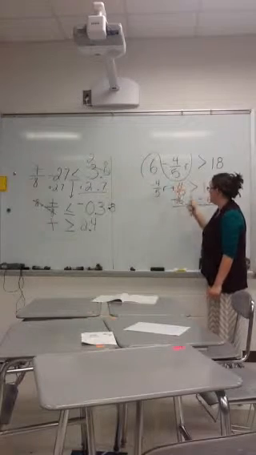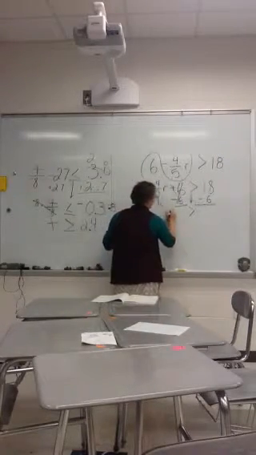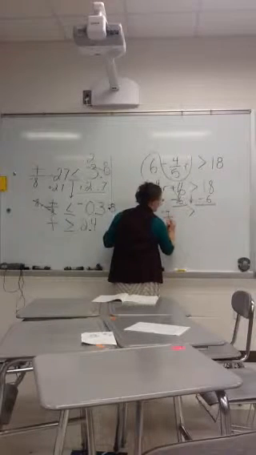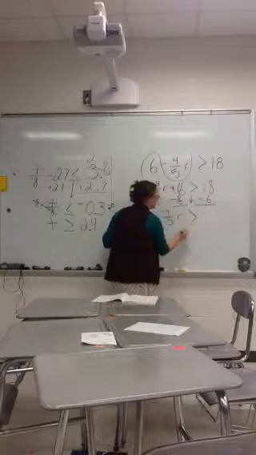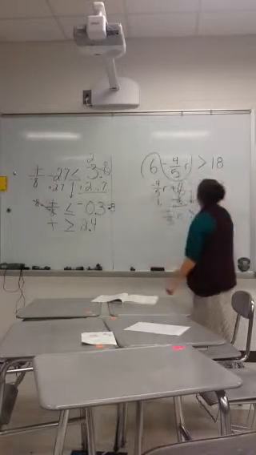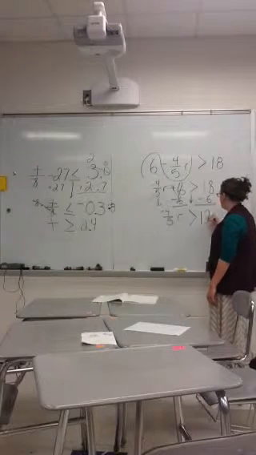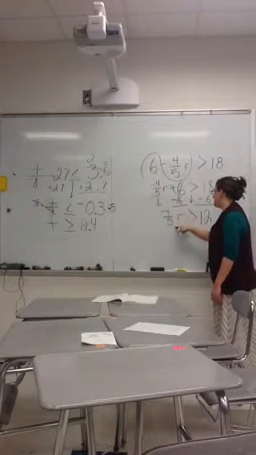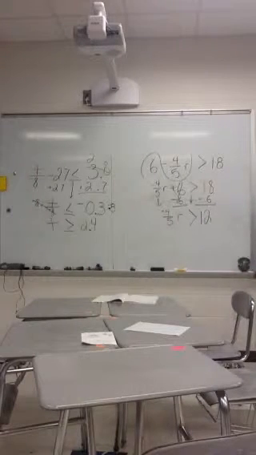These cancel out. I'm going to bring down my negative 4/5 r, and I'm going to write this inequality sign just a little bigger. 18 minus 6 is 12. So negative 4/5 r is greater than 12.